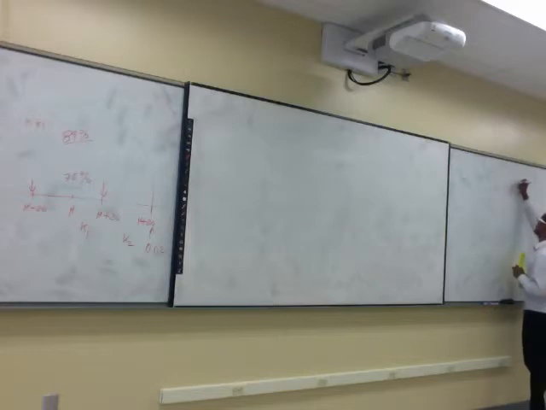And this is distance. And this is the mean. So the average distance is 600 with a standard deviation of 85.